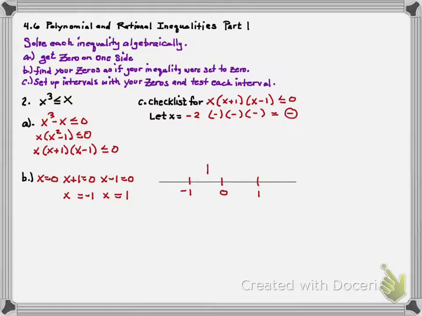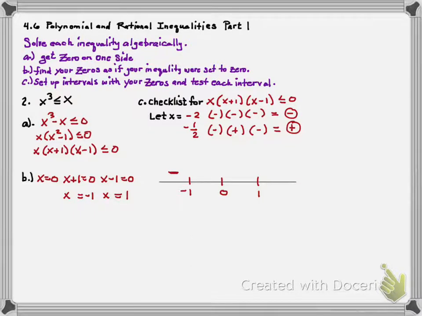I'm going to try something in the next interval, and by the way, I'll put my negative sign right here where it belongs. There I'd have to try something like negative 1/2. If x equals negative 1/2, the first value is negative, the second value is going to be positive, and the last value will be negative, and this will give you a positive product.